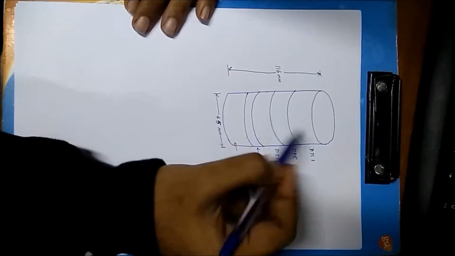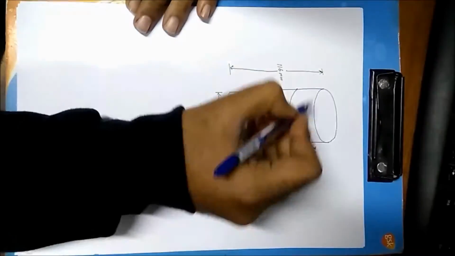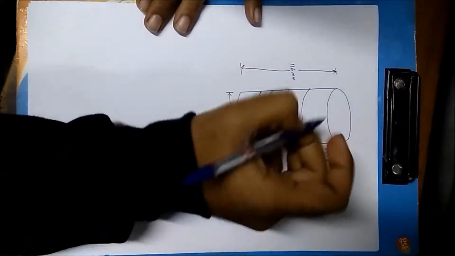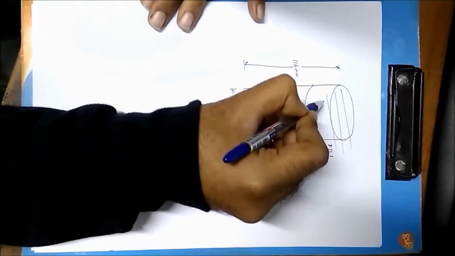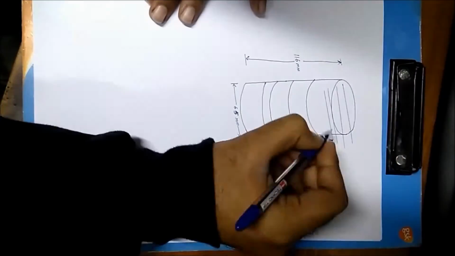So this is our sketch of the design. Each DTS unit had 4 layers of electrodes, so they were coming out like this. Suppose we are using 5 electrodes per layer.